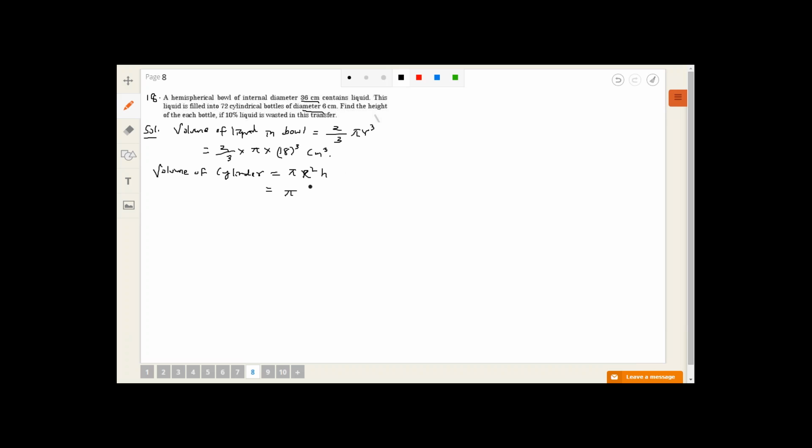So our radius will be diameter by 2, which is 3 centimeter. Height is what we need to find out. This is for one cylinder. So for 72 cylinders, it will be 72 into pi into 3 square into h.